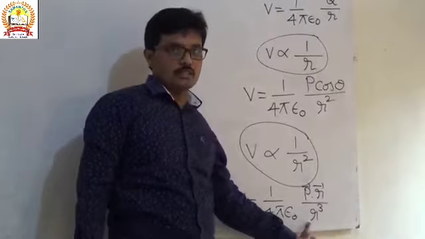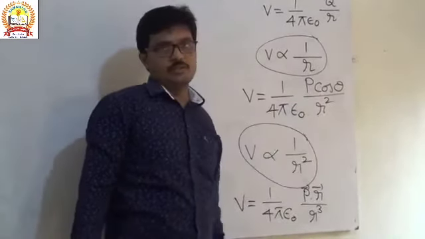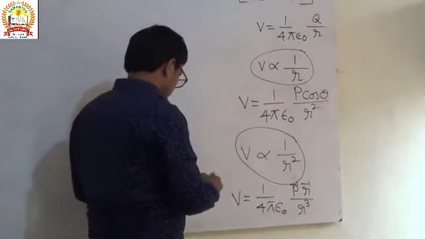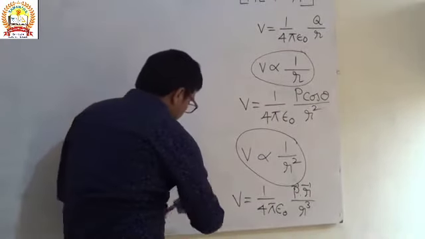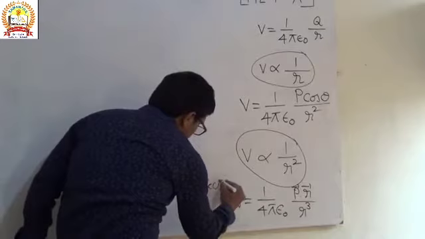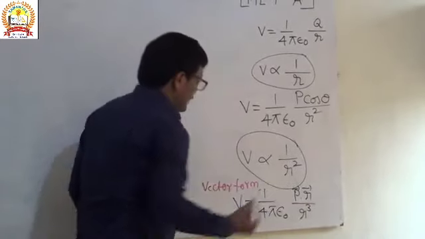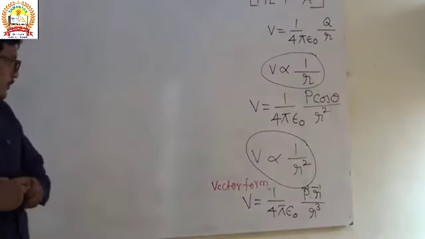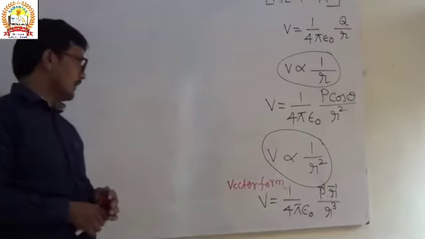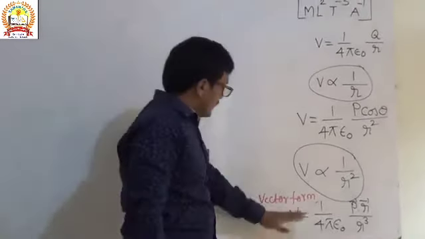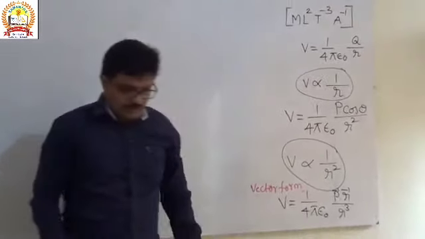Then R cancels and we get the same expression. So the vector form of the potential due to a dipole is 1 by 4 pi epsilon naught P dot R divided by R cube. So we completed potential due to a dipole.